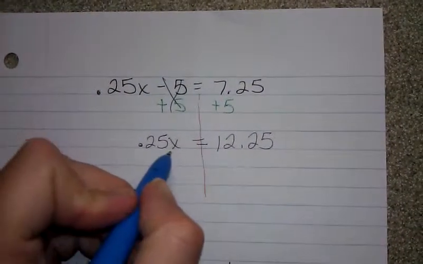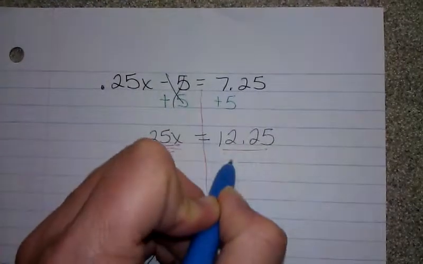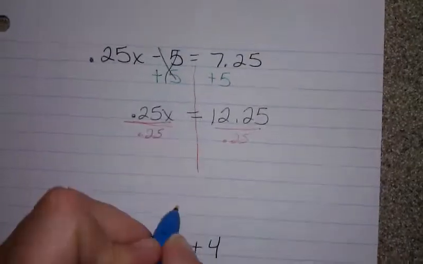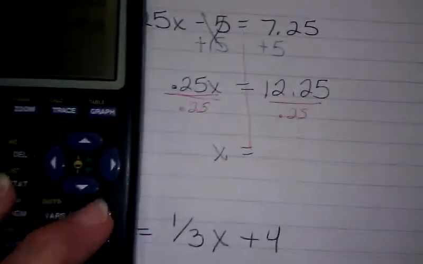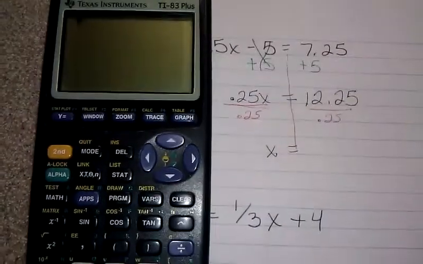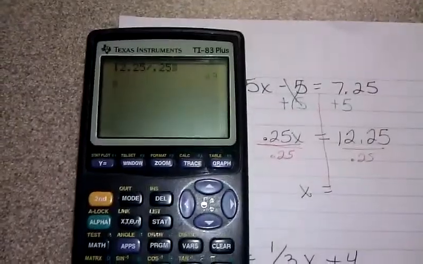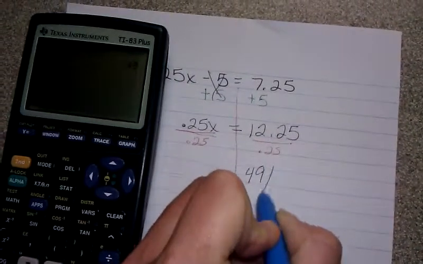I'm going to divide each side by 0.25. Well, x equals, let's come over here, put in there 12.25 divided by 0.25, press enter, it's 49. X equals 49.